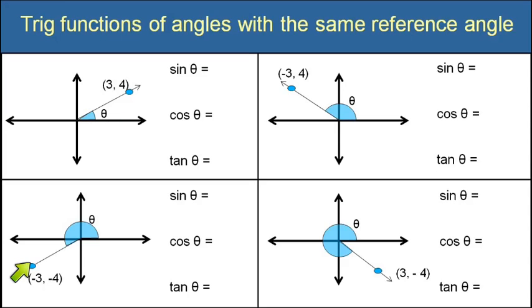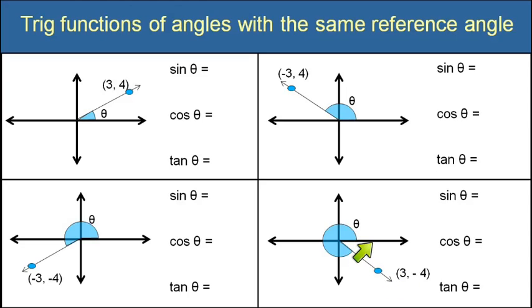And when we go to quadrant 3, we've got negative 3, negative 4. That means that this reference angle is the same as what we had in quadrant 1 and quadrant 2. And when we go to quadrant 4, the terminal side contains 3, negative 4.